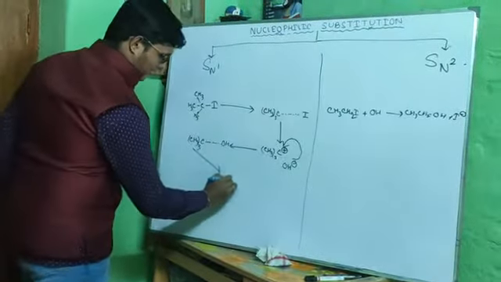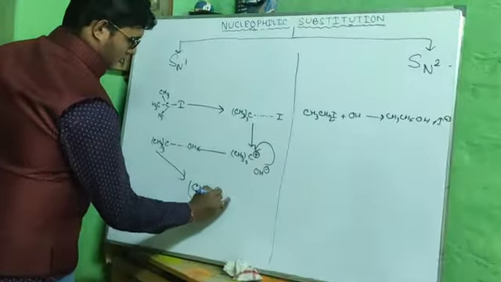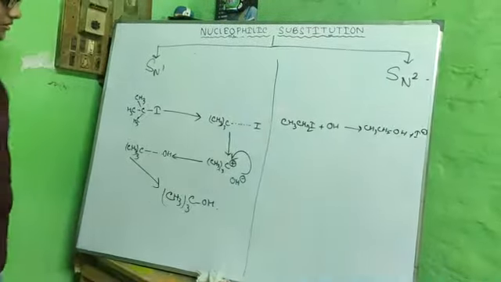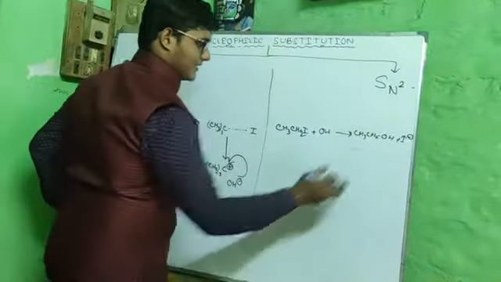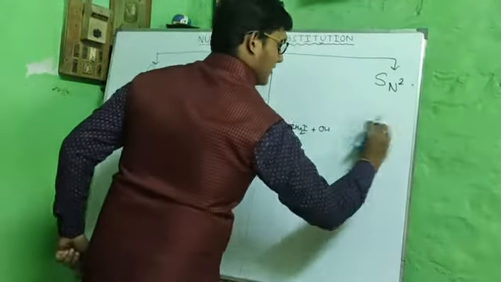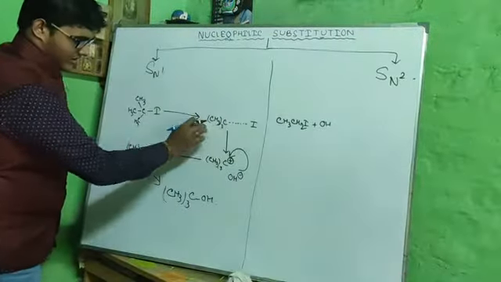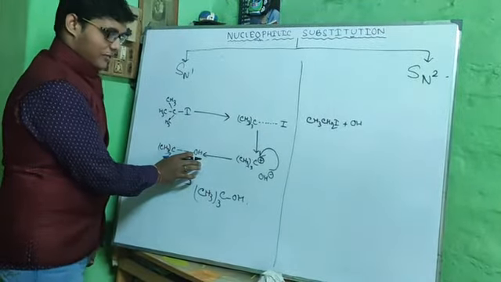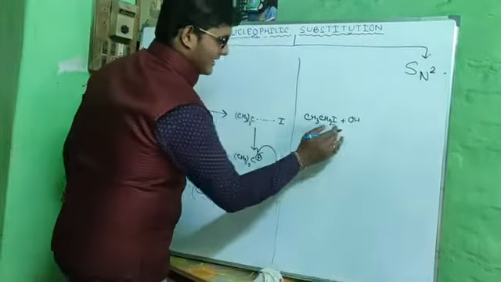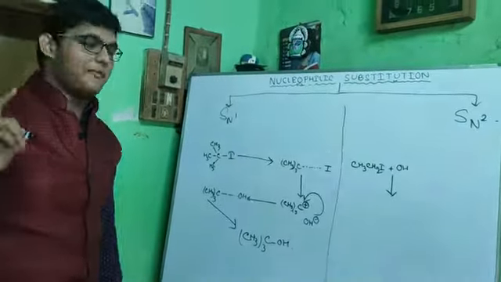From this we finally get this. This is the total mechanism. In this case, there is an interesting feature. Here the bonds are breaking and next the bond formation is taking place. But in this case, the bond breaking and the bond formation take place simultaneously.